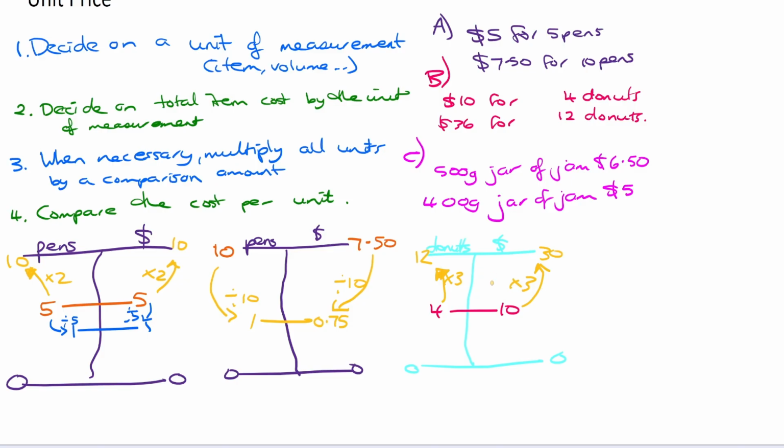So I would buy 3 packets. Of course, I can go back to 1. I can scale back to 1 from my 4 if I didn't see that relationship. That would tell me the amount of money that it would cost for 1 donut, and then I would have to scale it up again to work out the cost of the 12 donuts.